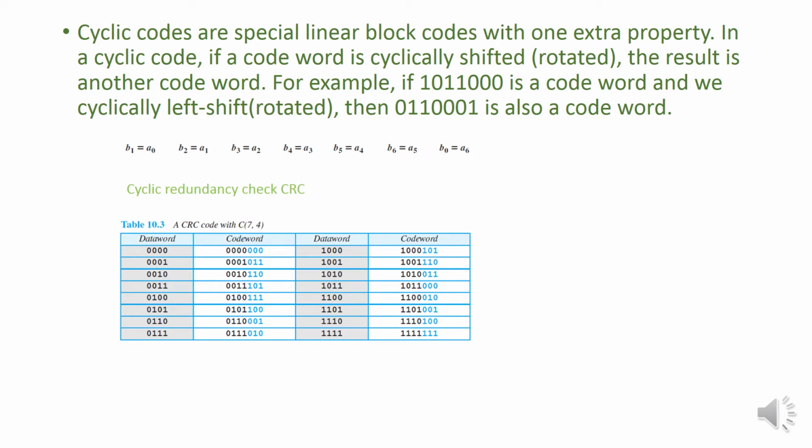So we are having a CRC code where the code word number of bits is 7 and the data word is 4. In the table we have different data word as well as code word values, and we can compute the CRC value by cyclically left shifting, that is not an exact left shift, but a rotate operation, in order to get the new word.